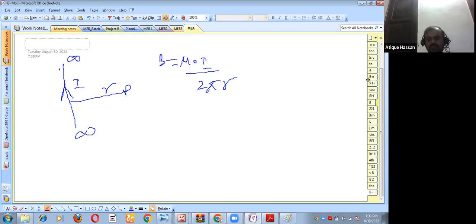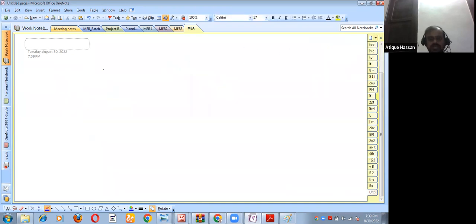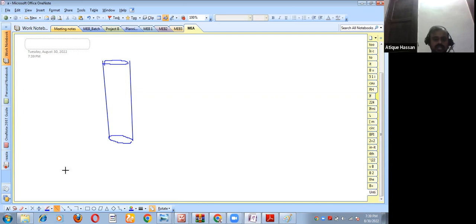Similarly, the difference lies if we have a thick wire. This was thin wire. Now suppose we have a thick wire. This is the uniqueness for the competition exams. These are not asked up to class 12. Suppose we have a thick wire. So in that case, we can apply Ampere's circuit law to find the magnetic field.